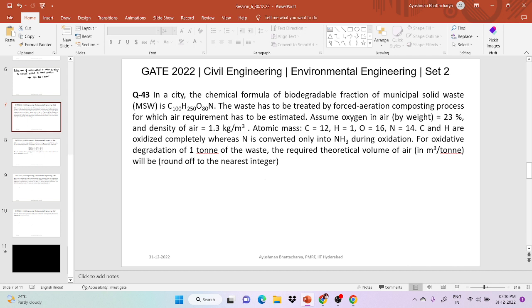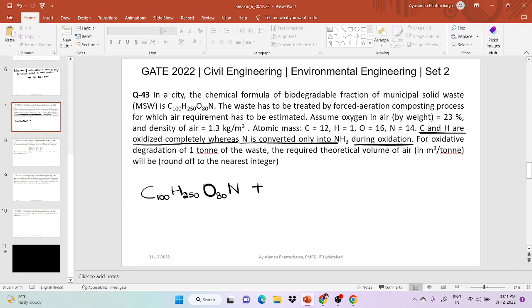So basically, they have given the biodegradable fraction waste formula, that is C100 H250 O80 N. Now they are telling that C and H, this line is very important, are oxidized completely, whereas N is converted only into ammonia during the oxidation.